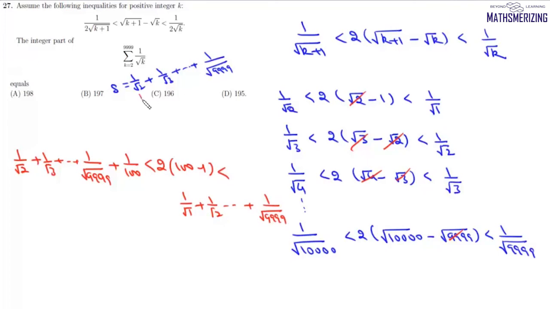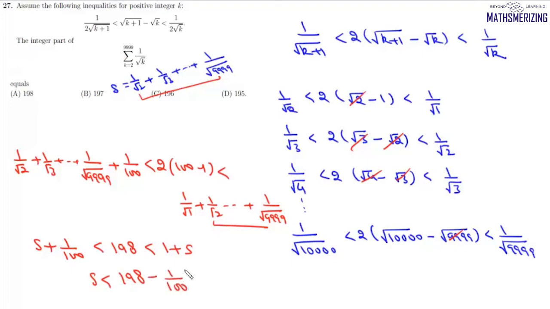Now 1 upon root 2 up to 1 upon root 9999 is nothing but S. So we can write S plus 1 by 100 is less than 99 into 2. 99 into 2 is 198, and it will be less than 1 plus S. Now from here we can write S is less than 198 minus 1 by 100, and S is greater than 197.